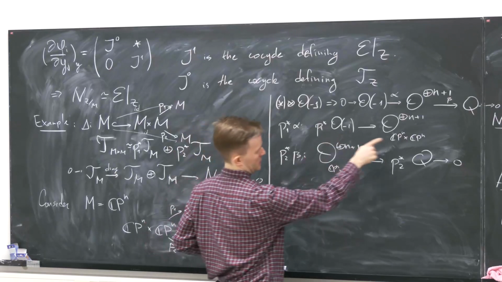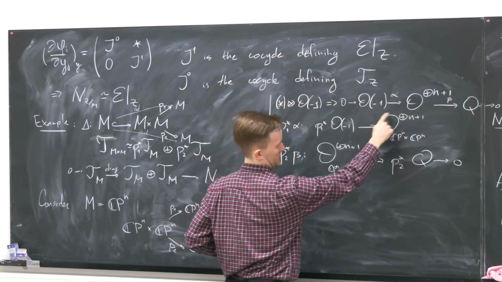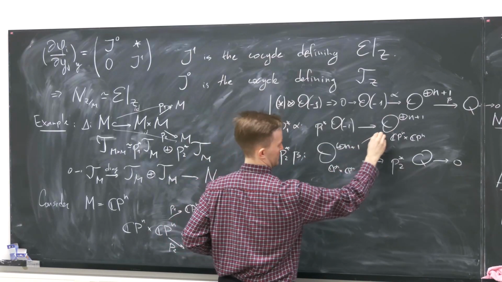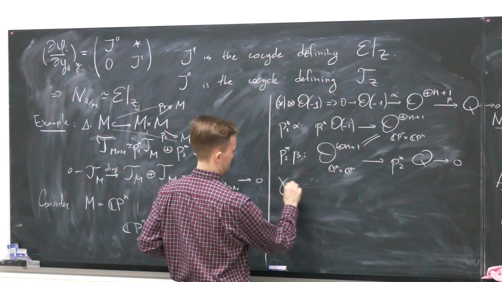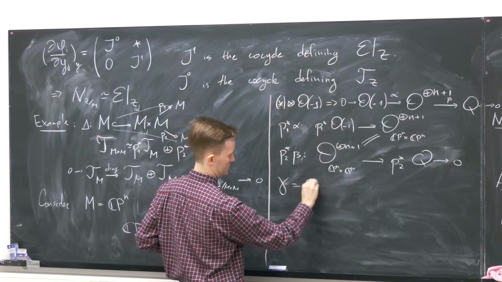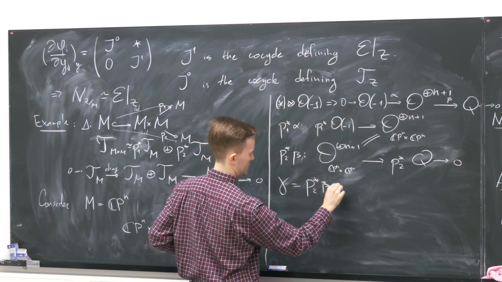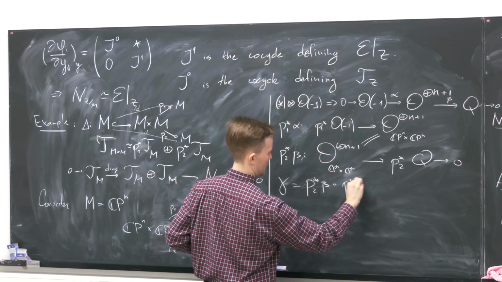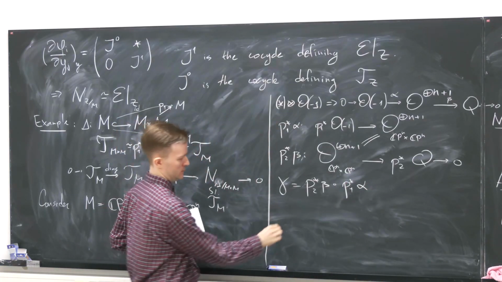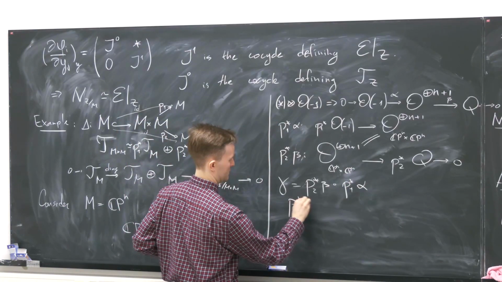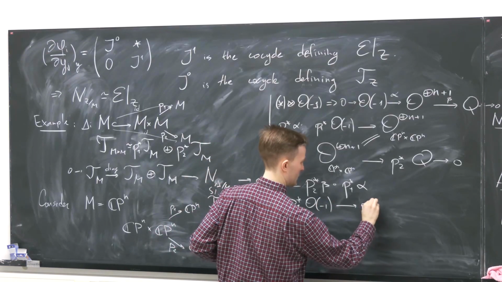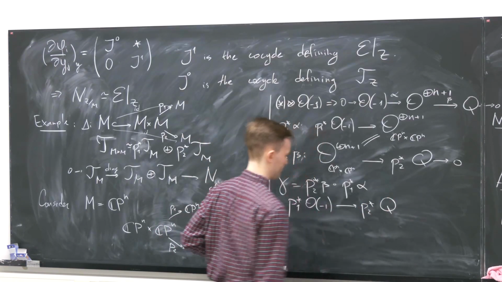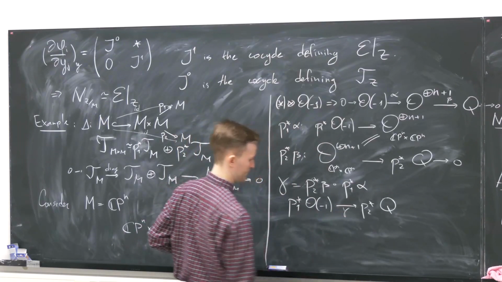So now I can compose these two maps, because these two things are equal, right? So I can take the composition of P2 upper star beta and P1 upper star alpha, and this will be a morphism from P1 upper star O of -1 to P2 upper star Q. So this is gamma.